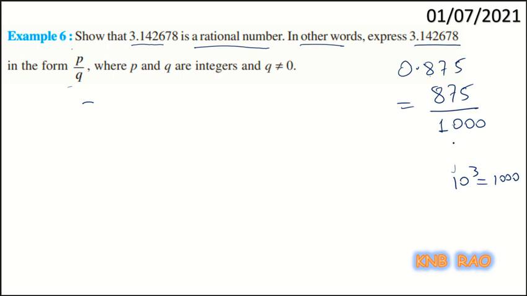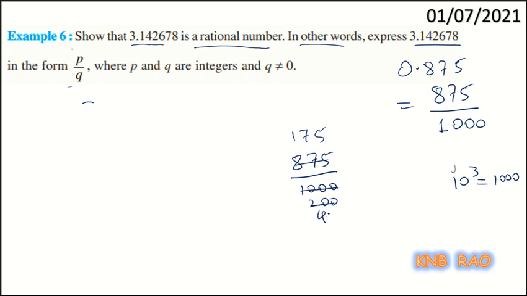Now, you know how to do cancellation. If I do cancellation, 875 upon 1000, I can start cancelling with 5s. 5 2s are 10, 5 1s are 5, and 3 comes here, 37. So 5 7s are 35, and that 35 subtracted from 37 gives 2. So 2 comes here, 25, so 5 5s are 25. Now further it again cancels with 5.